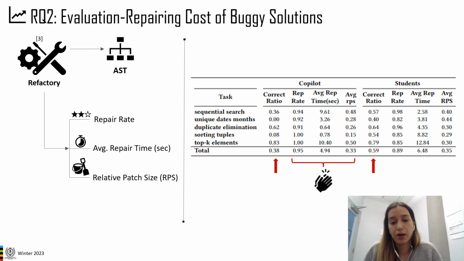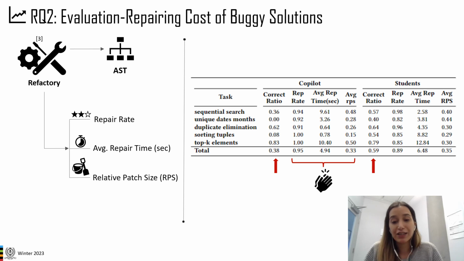But the interesting part was that the buggy code of Copilot could be repaired by this tool 95% of the time.